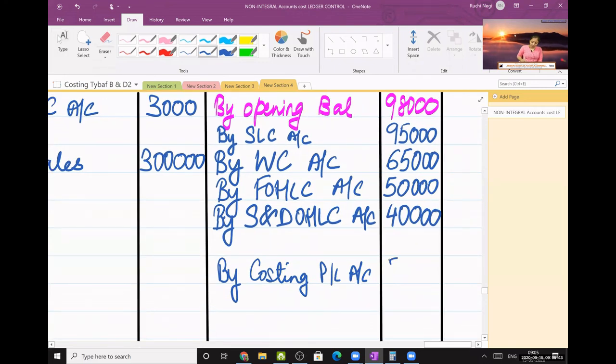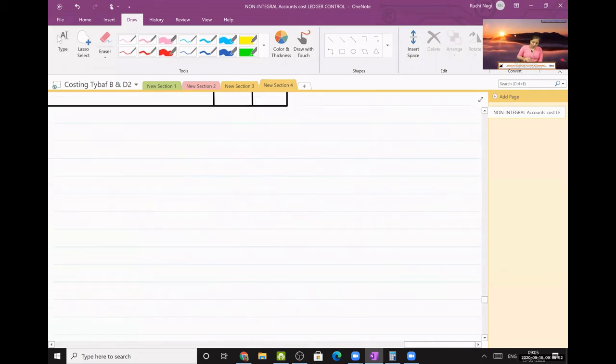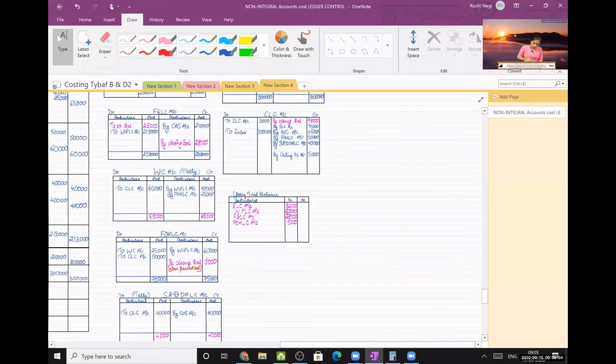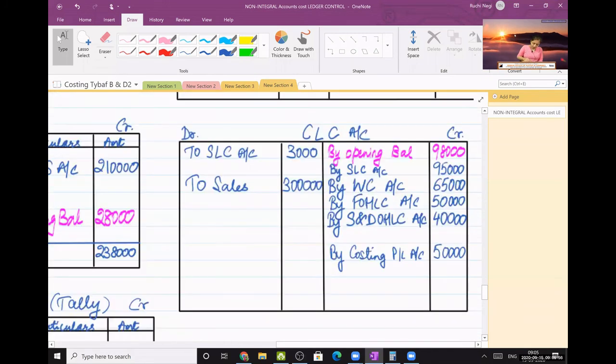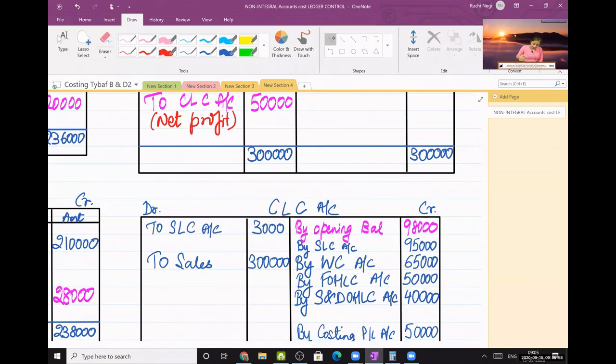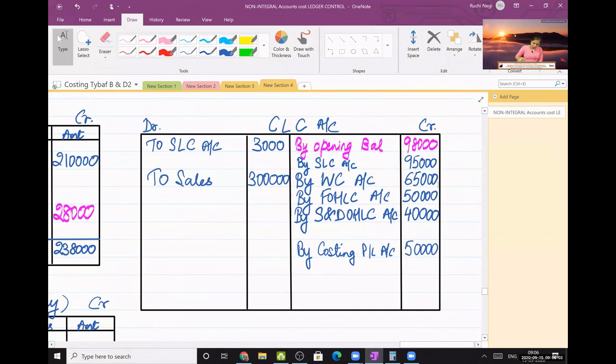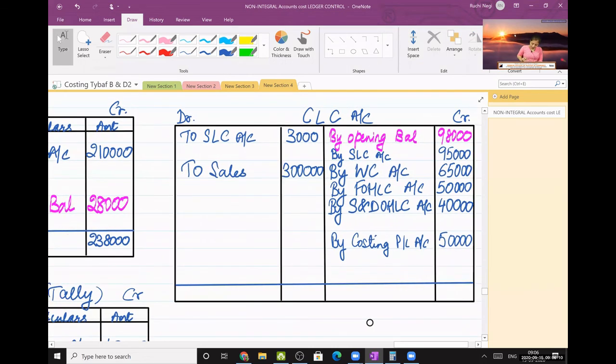Okay, write 50,000. Then close obviously CLC account. We check the credit side balance.